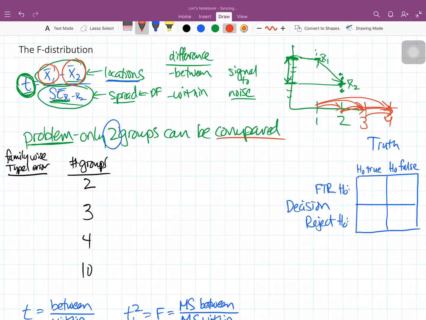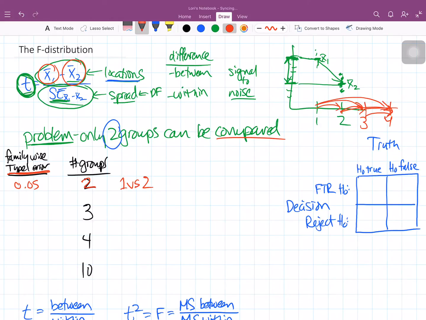And let me show you in this little area right here why that's a problem. If we have only two groups, then all we have is group 1 versus group 2. And the type 1 error that we have because of that, if you remember, is 0.05.